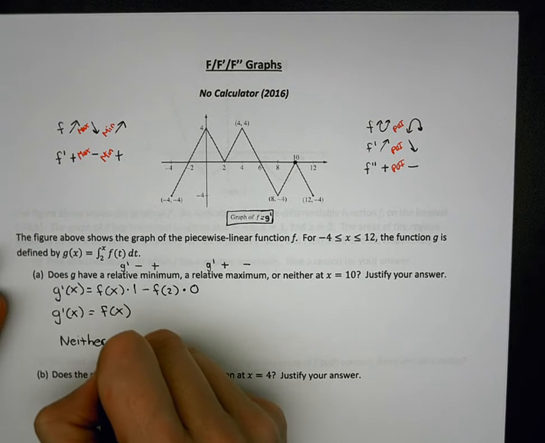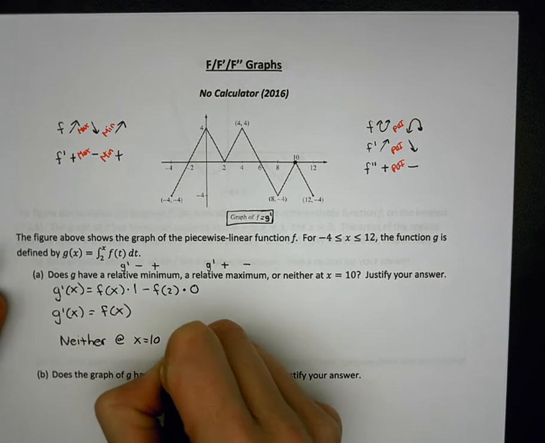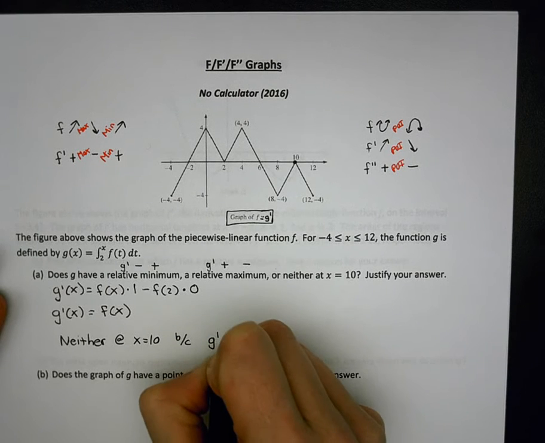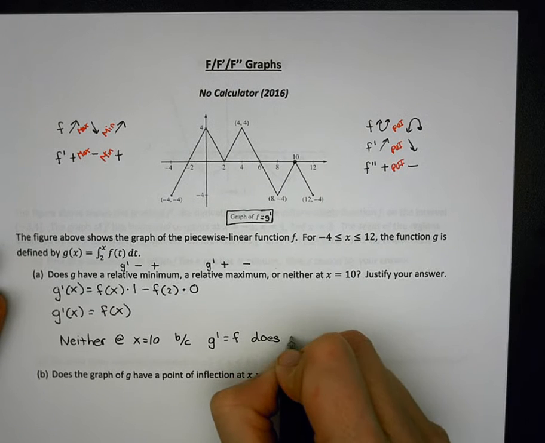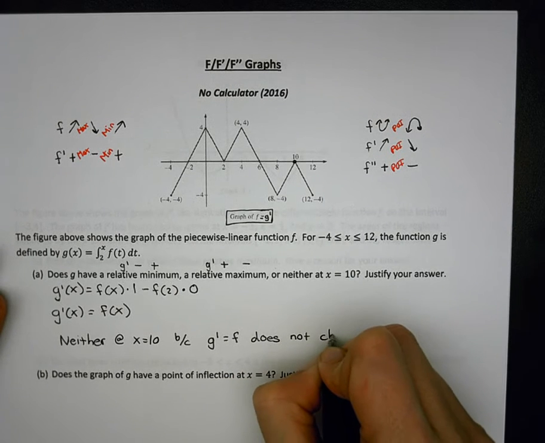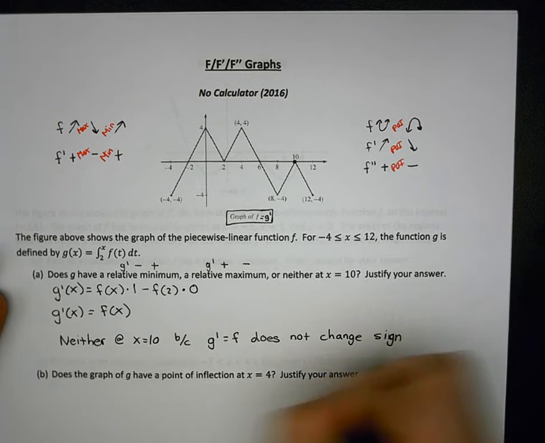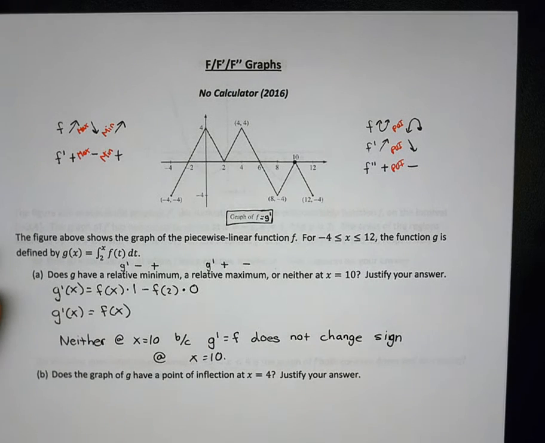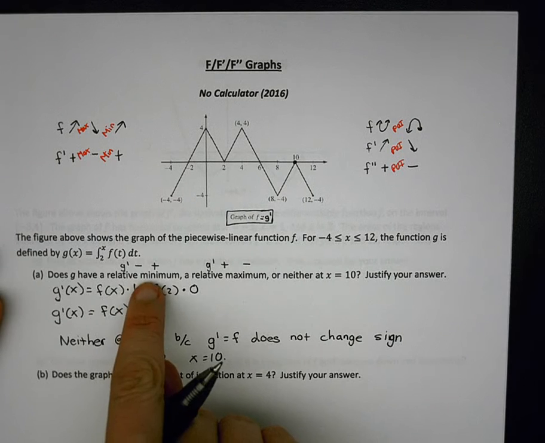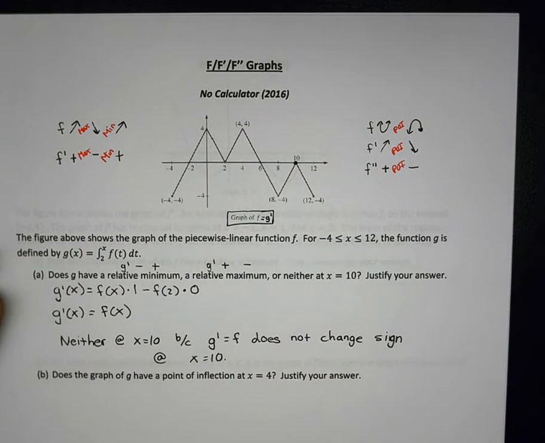I have neither at x equals 10 because g prime, which is my graph of f up here, does not change sign at x equals 10. So when you're looking at derivative graphs, minimums are where the first derivative changes from negative to positive, maximums are where they change from positive to negative.